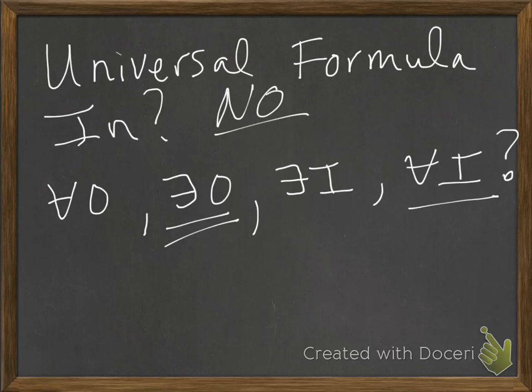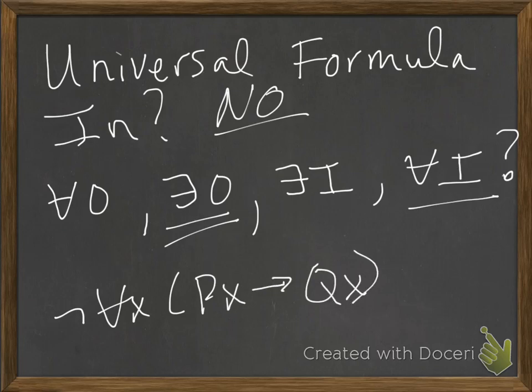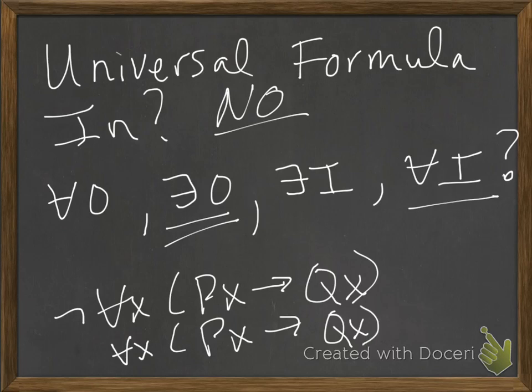And we're going to work around this by every time we want to derive a universal formula, we're going to do so via reductio. We're going to do so by assuming the opposite. So if we want to prove for all x, if Px, then Qx, we will assume that that's false, and then try to get a contradiction.